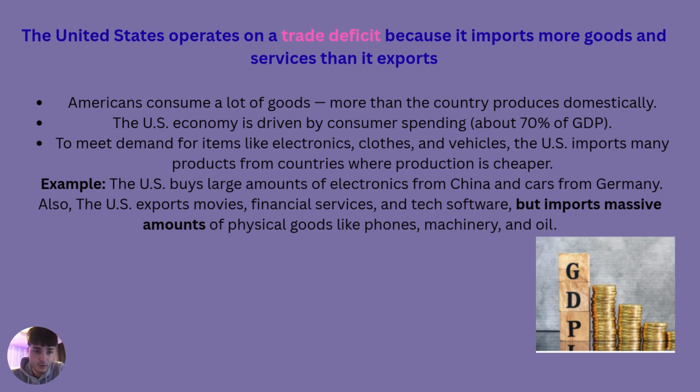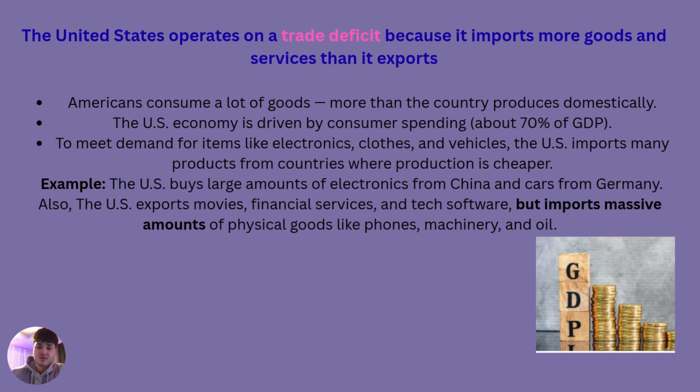The United States operates on a trade deficit because it imports more goods and services than it exports. Like I said, Americans consume a lot of goods, more than the country produces domestically. The United States economy is driven by consumer spending, about 70% of GDP. To meet demand for items like electronics, clothes, and vehicles, the U.S. imports many products from countries where production is cheaper.